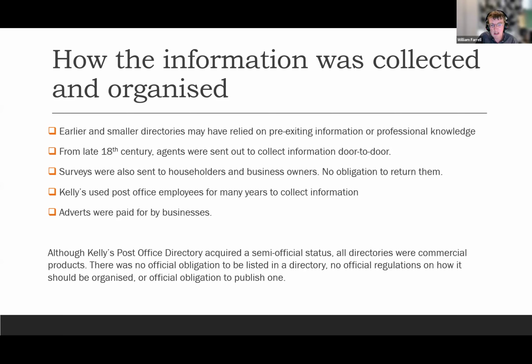So in the section for furniture wholesalers, you could pay to be listed at the top. If your name was further down the alphabet, you could pay to be listed first. You'll also see in some of the directories, and I think I have an example on a later slide, that you could pay in a listing under the business headings to have a very small advert or illustration to give you more prominence.